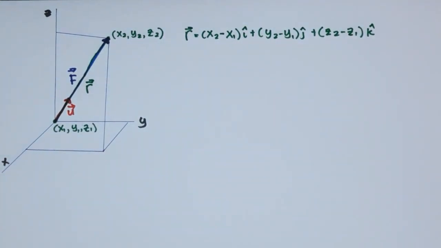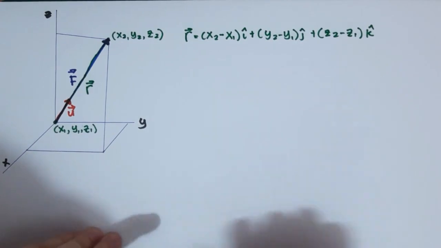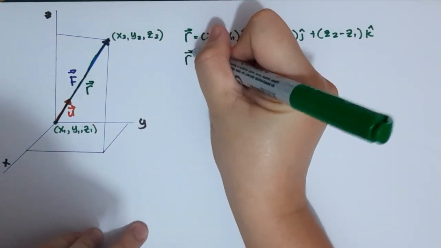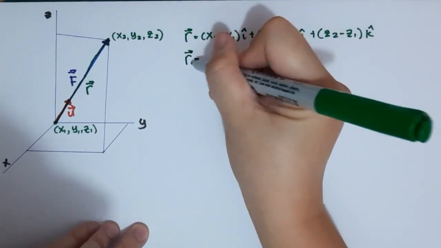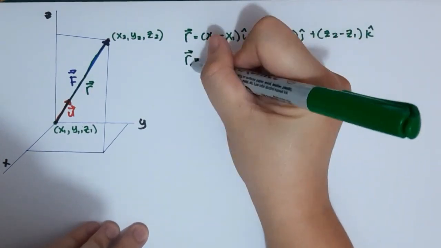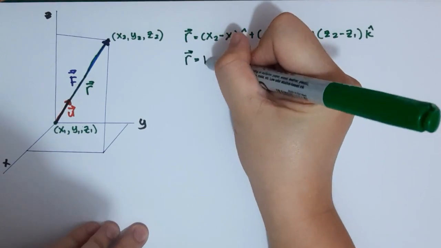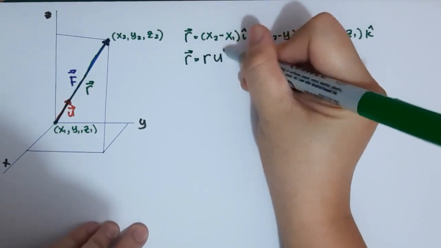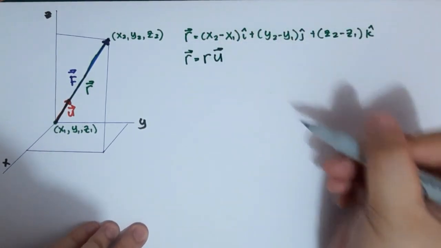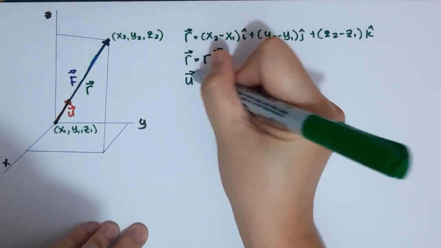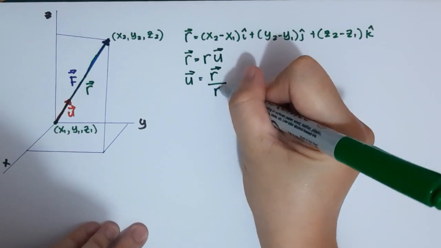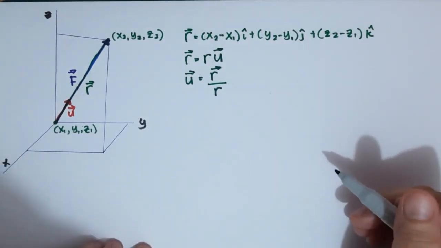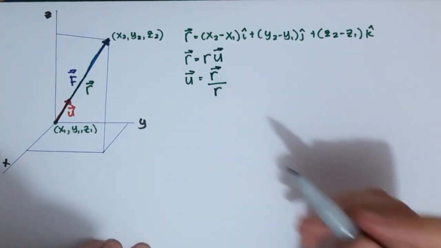So from the position vector r, I can extract the unit vector by solving the position vector r as its magnitude times its unit vector. And we know that the unit vector can be solved as the position vector divided by the magnitude of its vector. So that is the magnitude of the position vector.